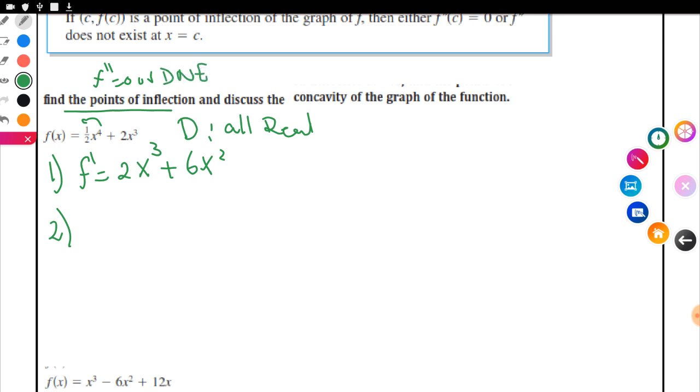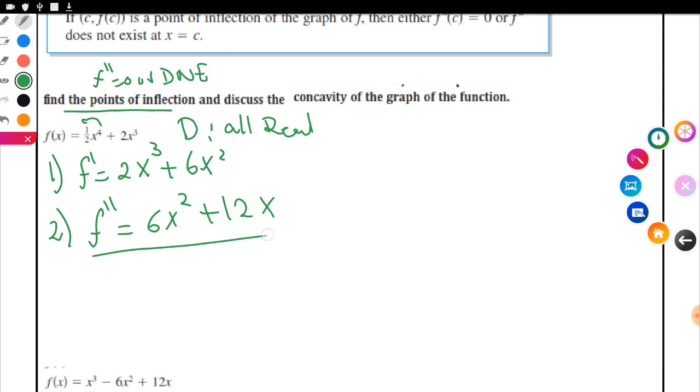It occurs at this one, but it doesn't mean that when we find the value of x at which the second derivative equals 0 or does not exist, we have a point of inflection. Okay, find the second derivative, which is 6x squared plus 12x. Clear up to now? Then find where the second derivative equals 0 or does not exist.